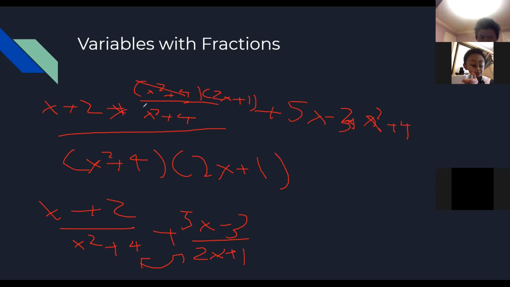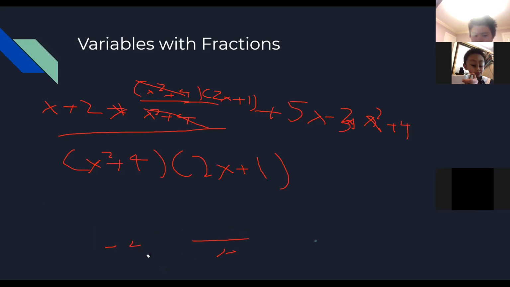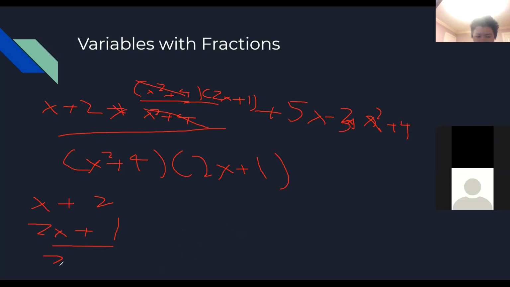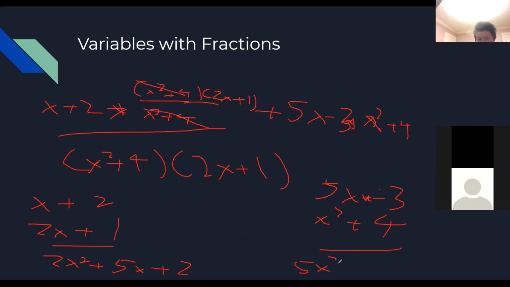Now, if we did this, we cross these two out, and we multiply these two together, we would get 2x squared plus 5x plus 2, and with x squared plus 4, which we get 5x cubed minus 3x squared plus 20x minus 12.